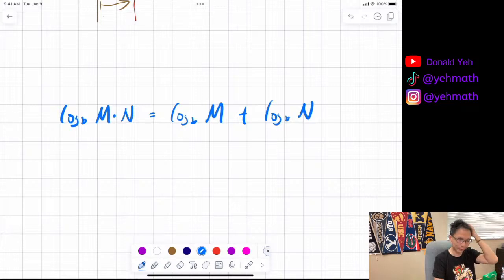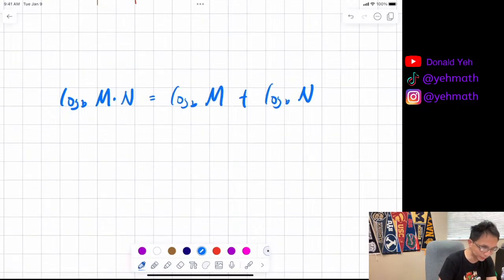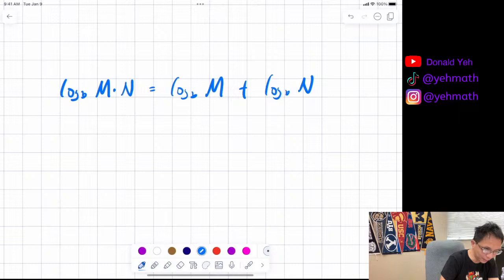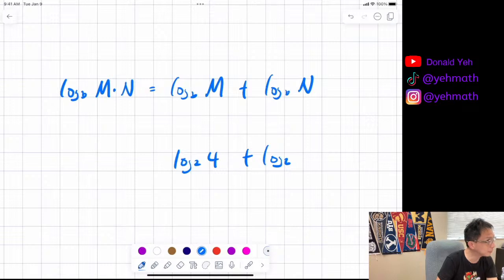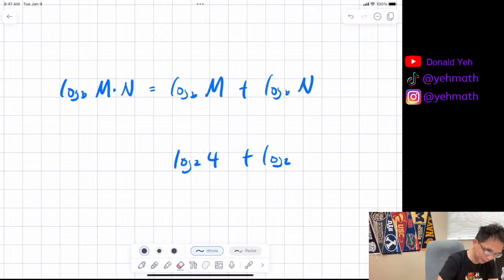Now you're going to be like, does this make sense? Well, let's try it. Let's just say I have log base 2 of 4 plus log base 2 of, I don't know, 32. Do I want 32? Yeah, let's do 32. Why not?